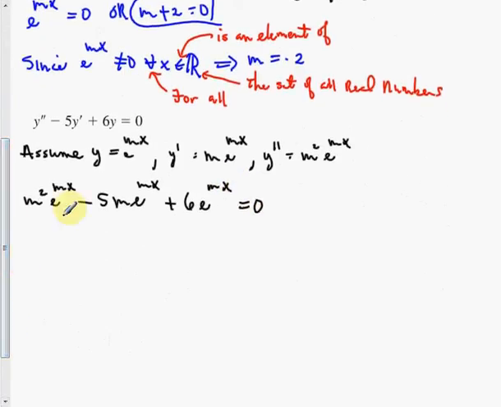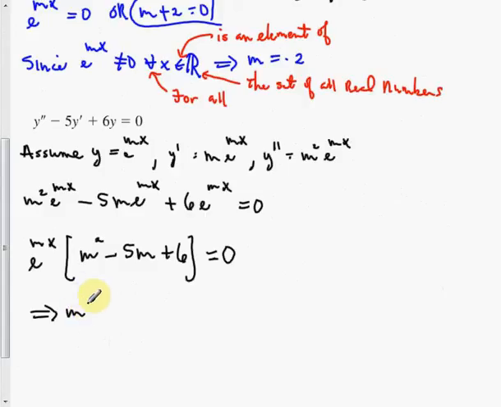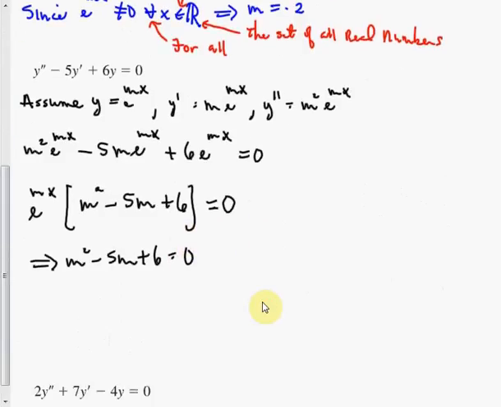So notice here that you can factor e to the mx from all three. We have e to the mx taken out. I have left m squared minus 5m plus 6 equal to 0. But since e to the mx is not equal to 0, that implies that m squared minus 5m plus 6 is set equal to 0. So we can factor that.